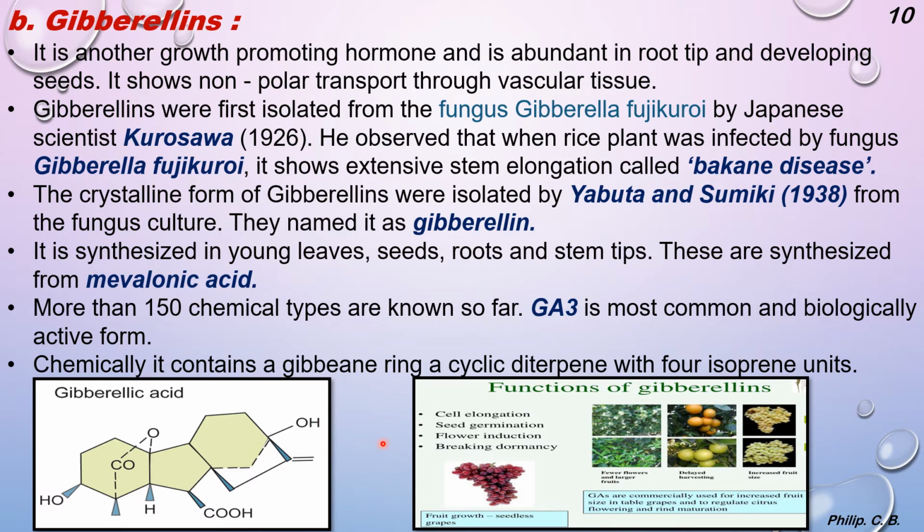So, to understand this term, I have added the image of gibberellic acid. You can see the structural formula of gibberellic acid, and also another image showing the functions of gibberellin: cell elongation, seed germination, flower induction, breaking dormancy.